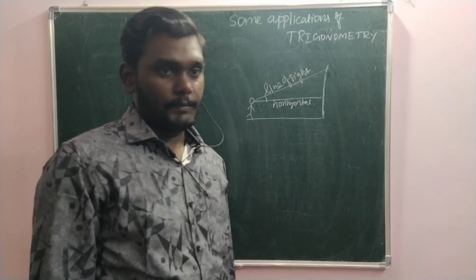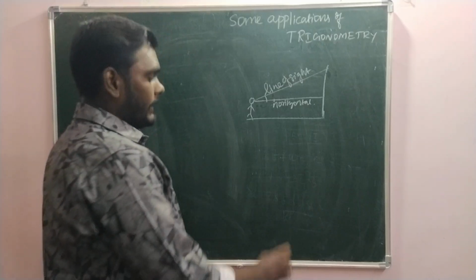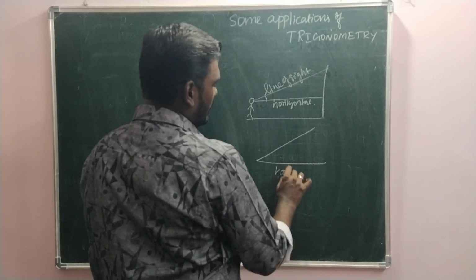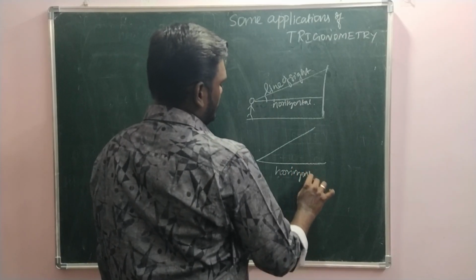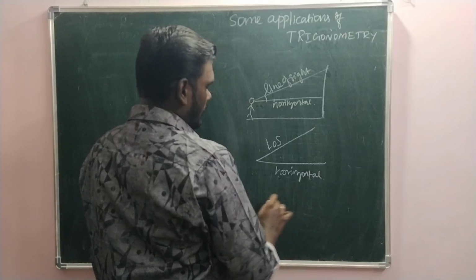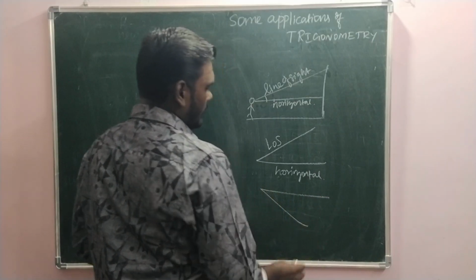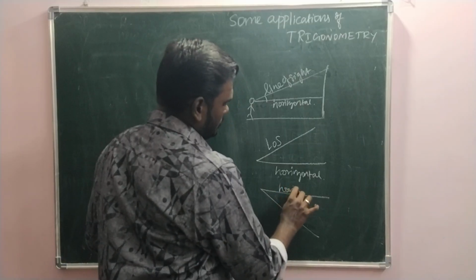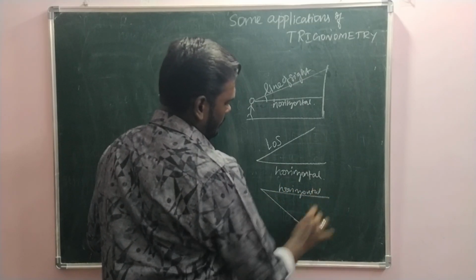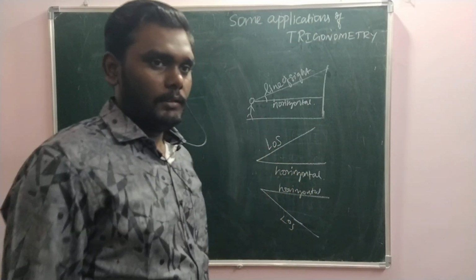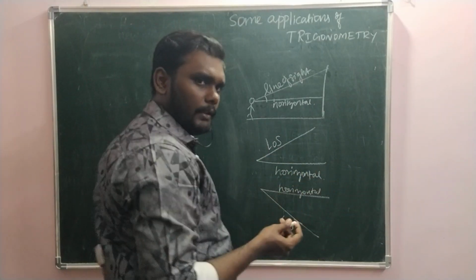But there are two scenarios. The line of sight may be above the horizontal, or this line of sight may be below the horizontal. If the line of sight is above the horizontal, we call it angle of elevation.